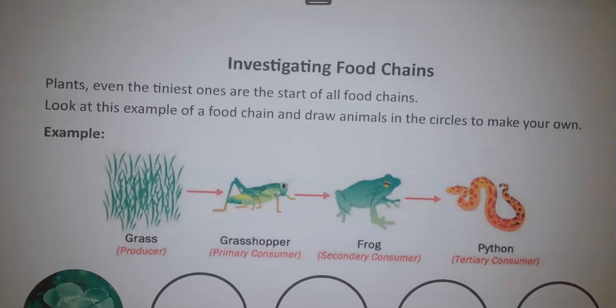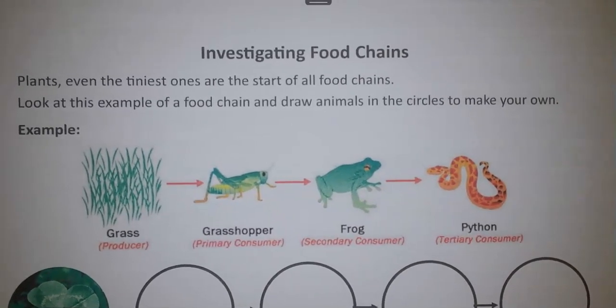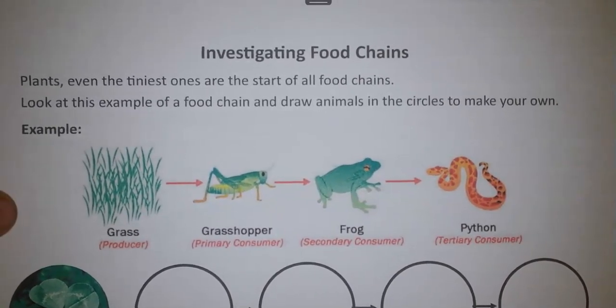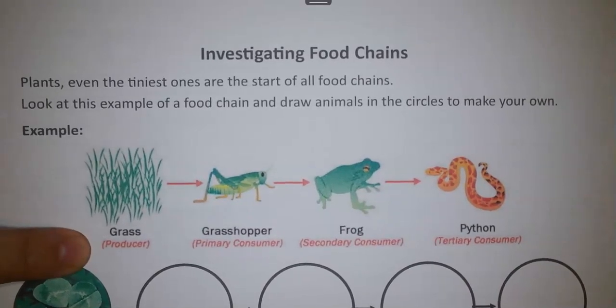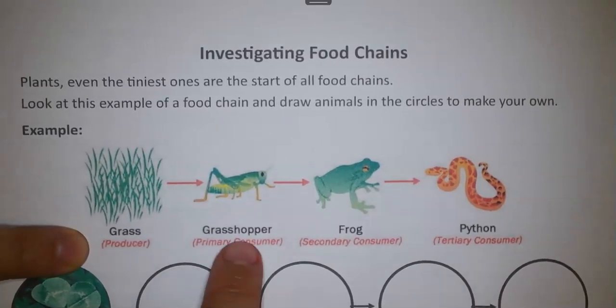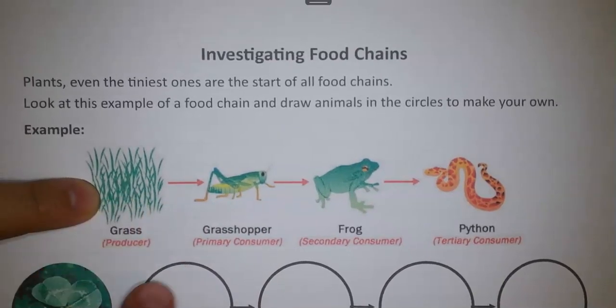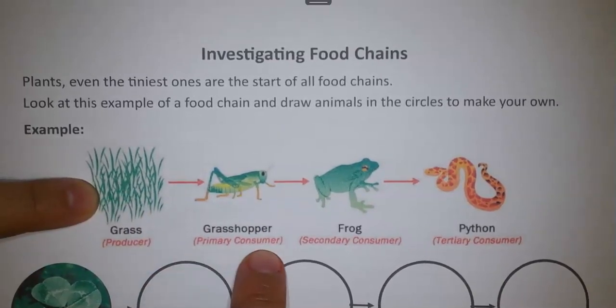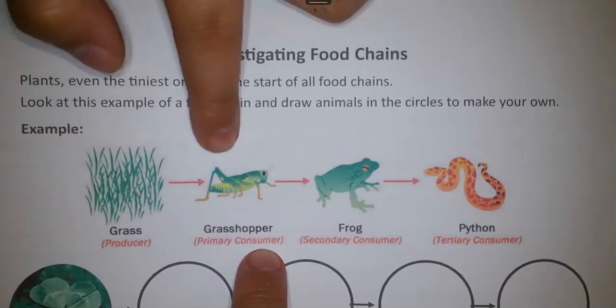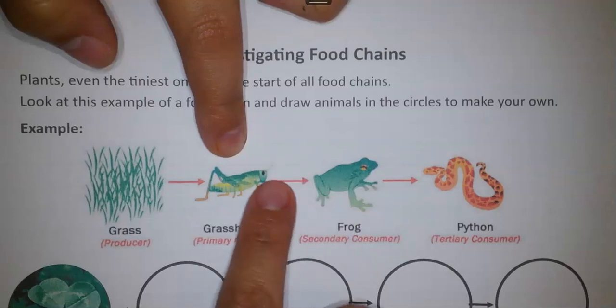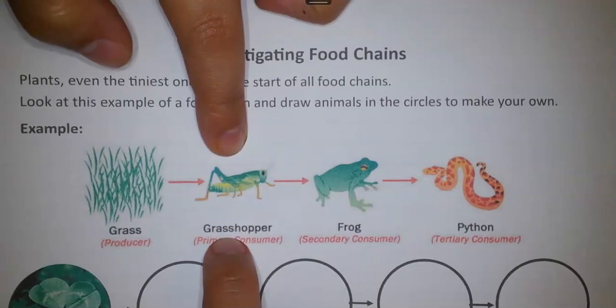So I have grass, right? This is the example. Grass is a producer. The grasshopper is going to eat the grass, which makes him the primary consumer. Now, the frog is going to eat the grasshopper.